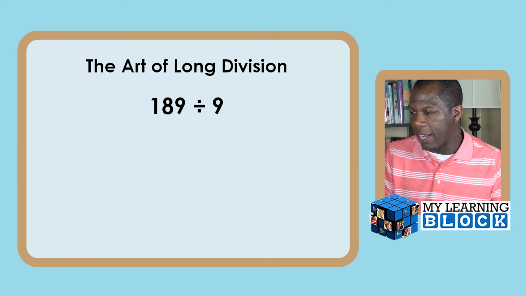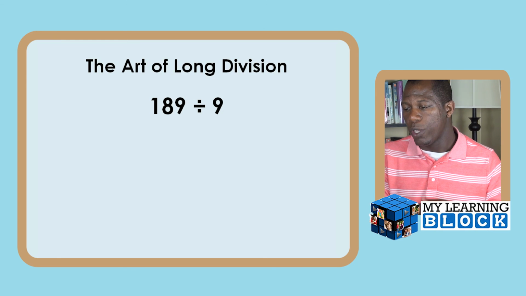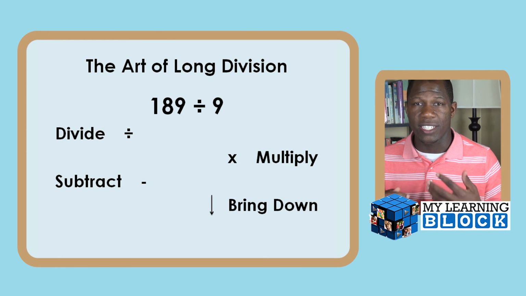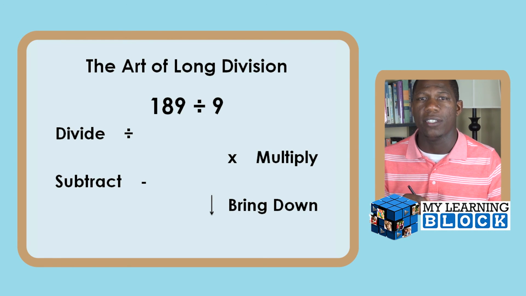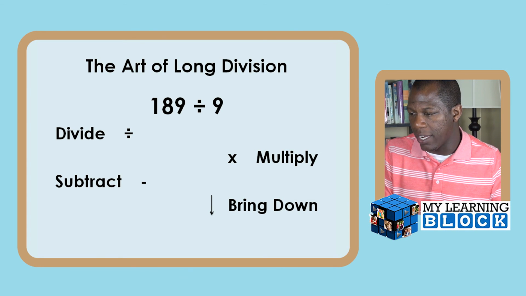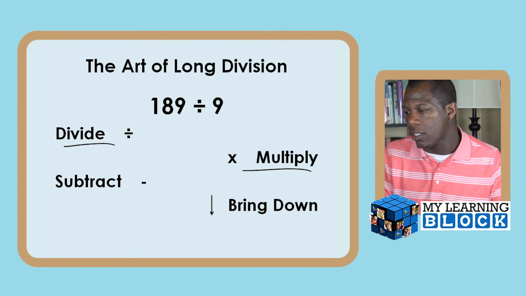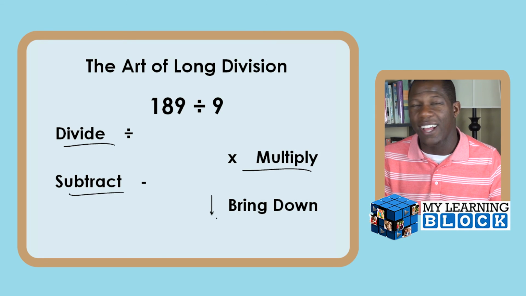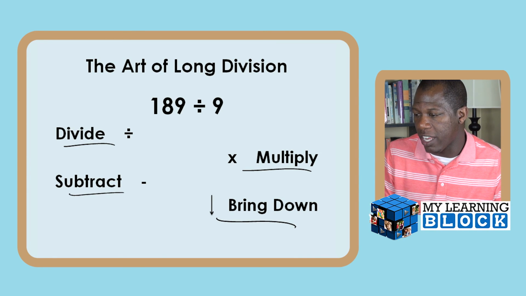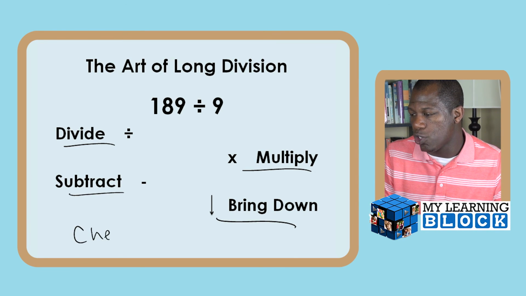189 divided by 9. When you are teaching division, you want to teach your child these steps. First, you divide, then you multiply, then you subtract, then bring down. And I forgot to say, you definitely want to make sure that you check.